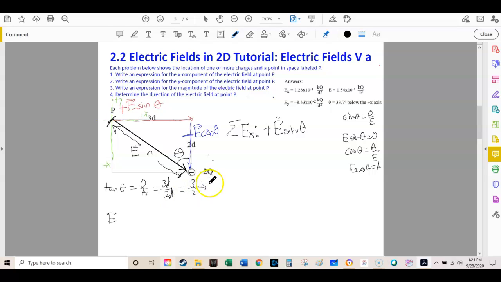So theta is going to be the inverse tangent of 3 over 2.